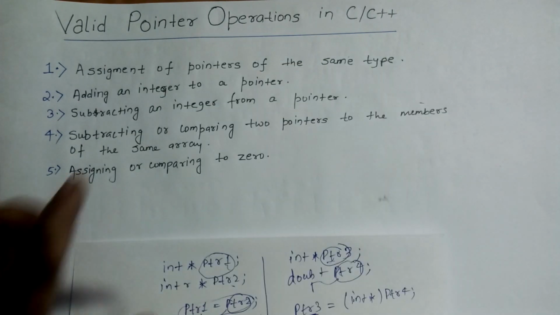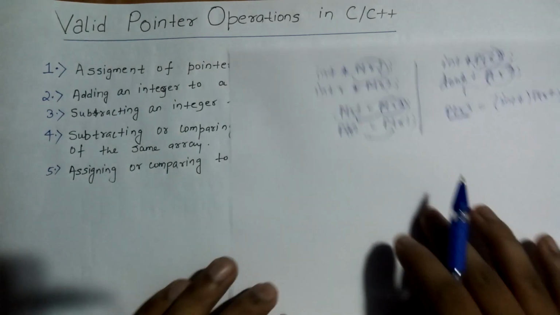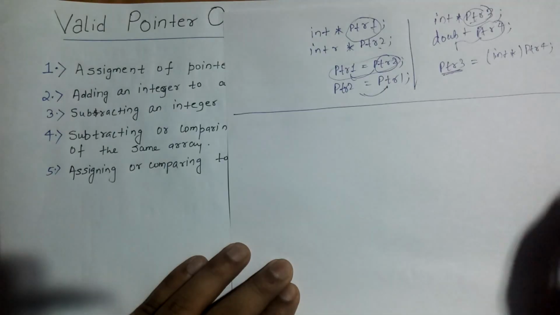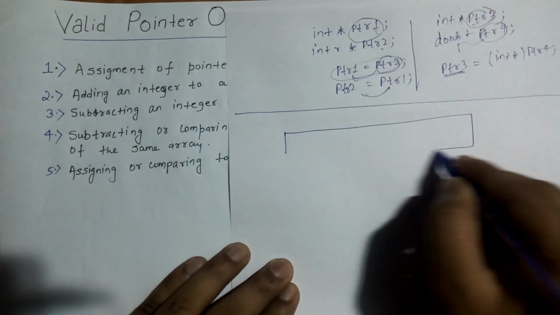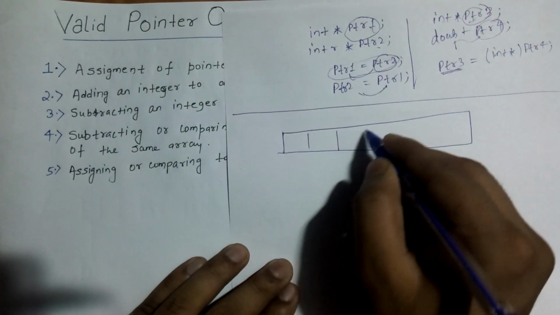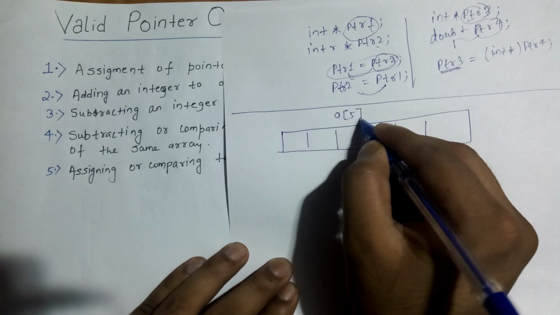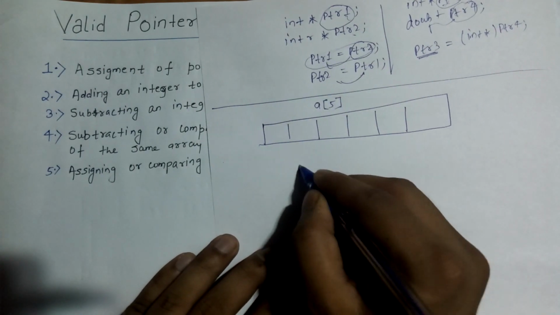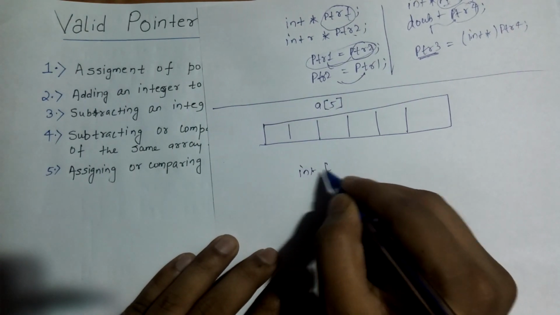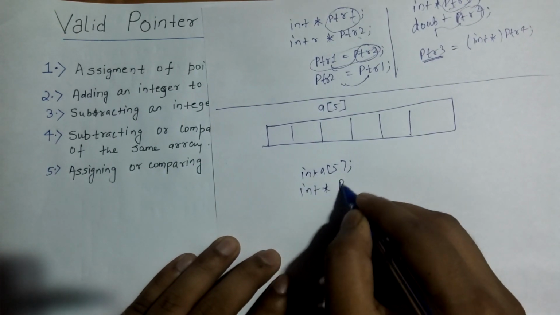Now the second valid operation you can do on a pointer is adding an integer to a pointer. For example, let's say we have an array int a[5] and another pointer int star ptr.